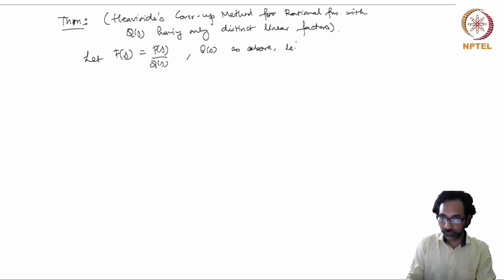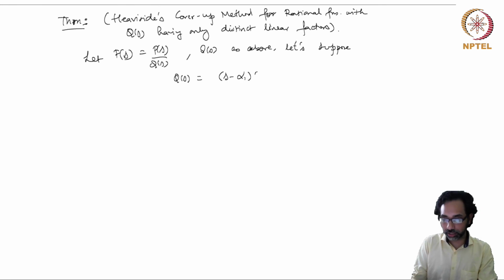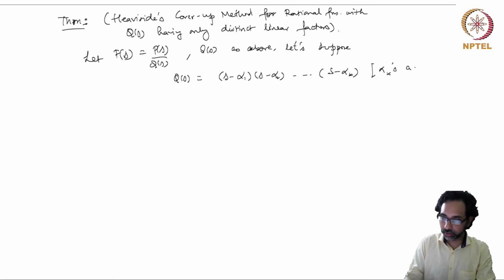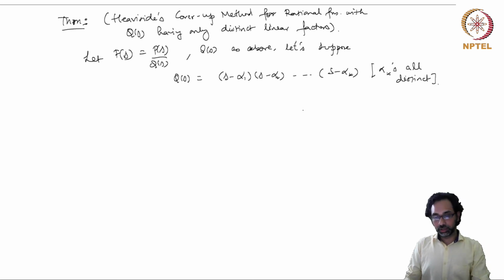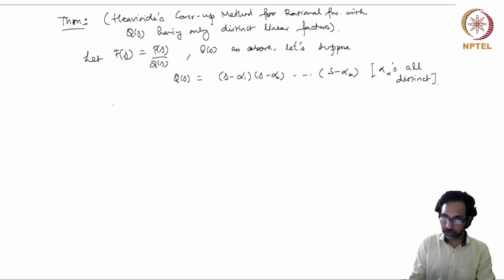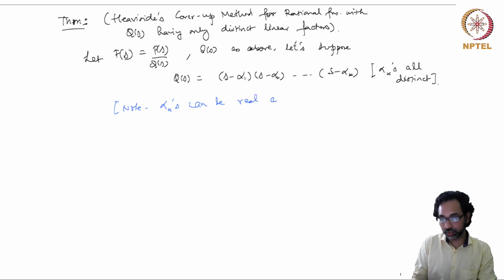Let's suppose that q(s) can be written as s minus alpha 1 times s minus alpha 2, up to s minus alpha k, where the alpha k's are all distinct numbers. Note that the alpha k's can be real as well as complex.